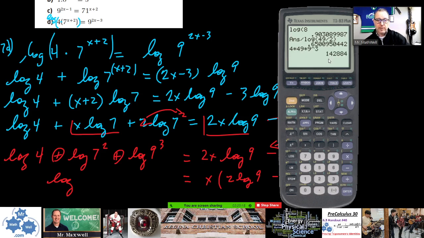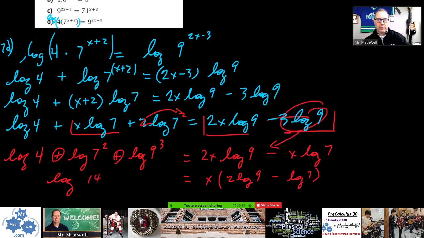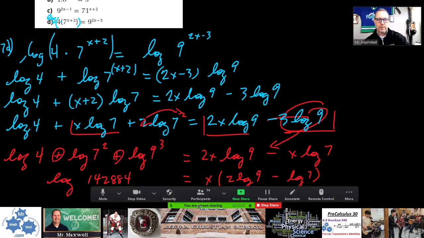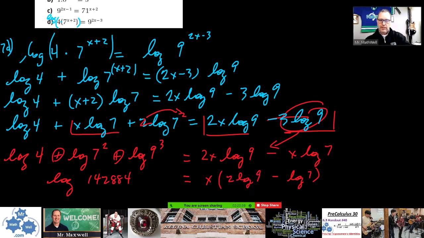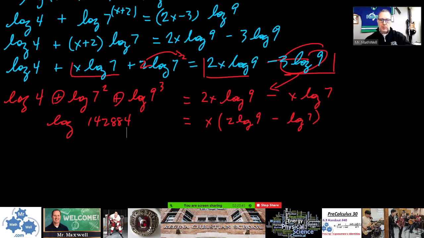That's a big number, isn't it? 4 times 49 times, I wonder if I need to use brackets there. Just want to make sure. See, sometimes, I don't know. Order of operations, no, okay. So 142,884. Yeah, you're going to have some big numbers once in a while, maybe.